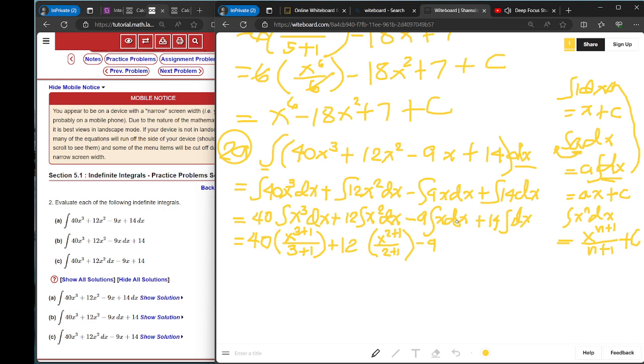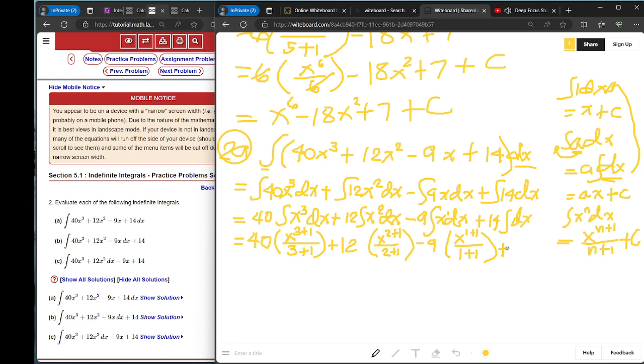If this is x, that means x actually has a power of 1, and we can use this property again to solve for the integral of x dx. So this is x to the 1 plus 1 over 1 plus 1.